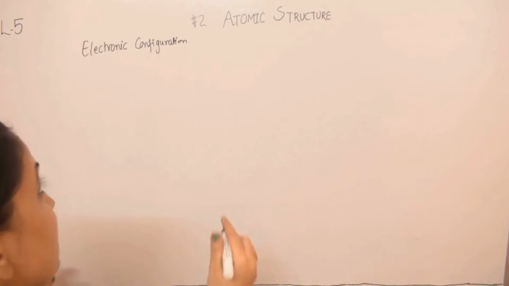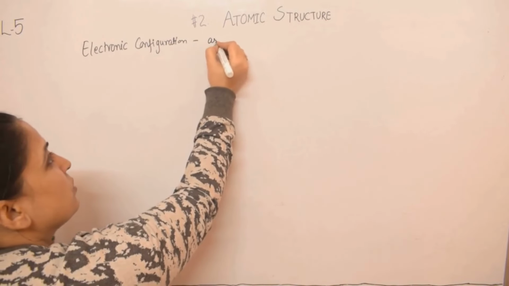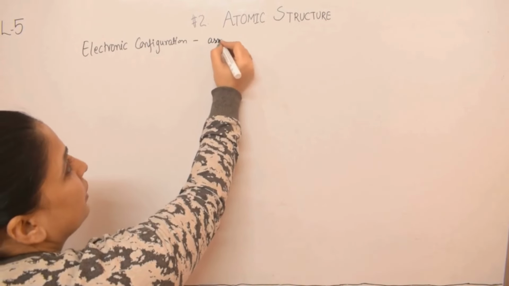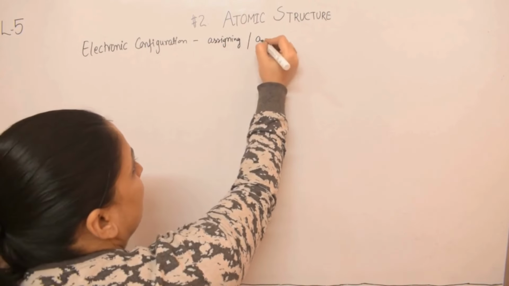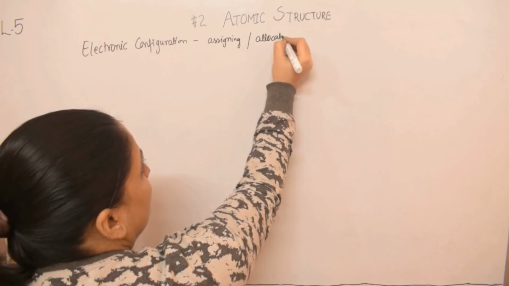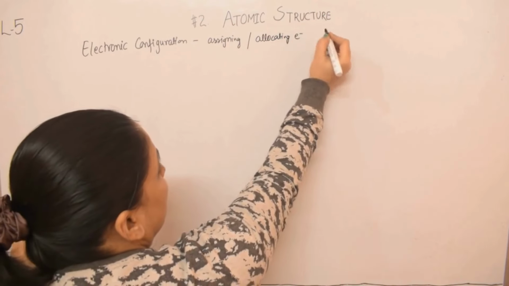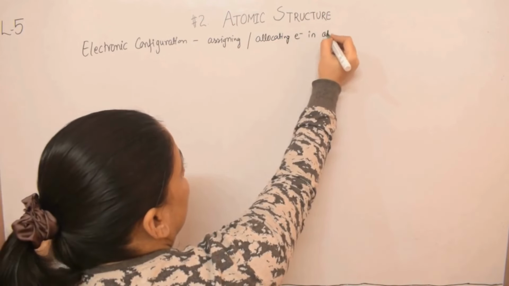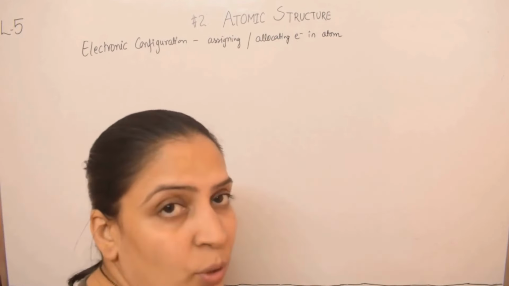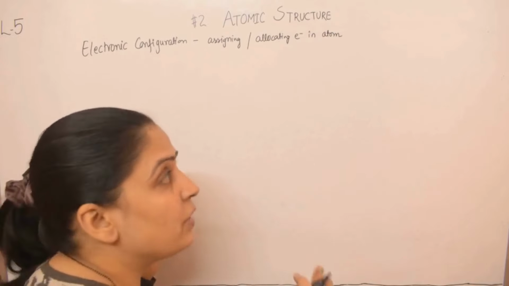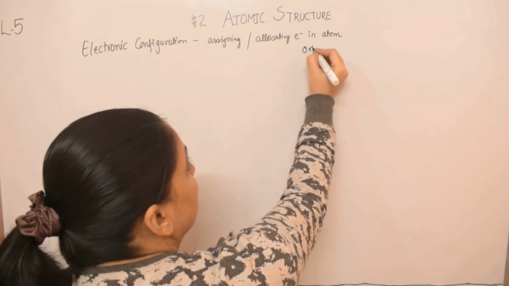Electronic configuration means assigning the positions or allocating the electrons within the atom in various orbitals.